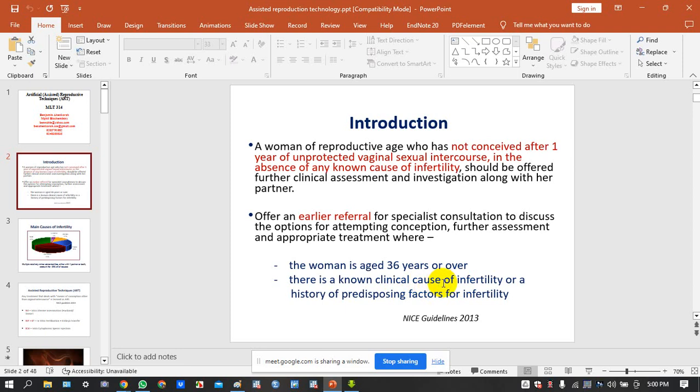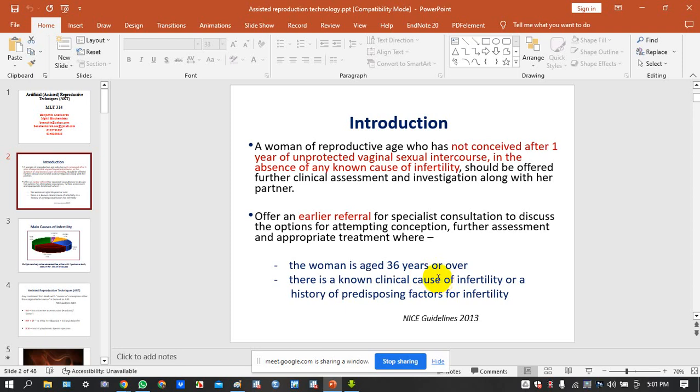Is the woman having polycystic ovarian syndrome? Is the woman having amenorrhea? Amenorrhea means the absence of what? Menses, or menstrual flow. All this, the medical doctor or the gynecologist has to assess in the woman, and even assess the man too.